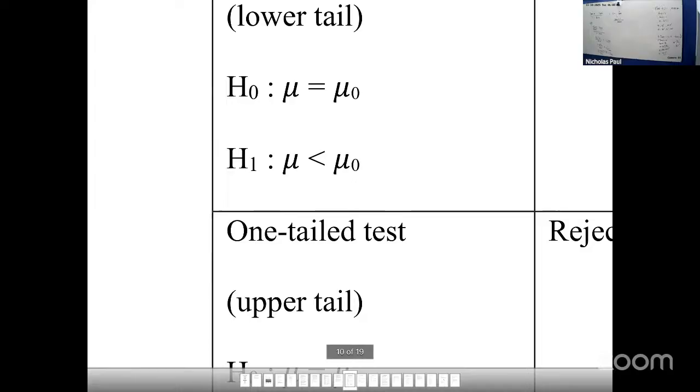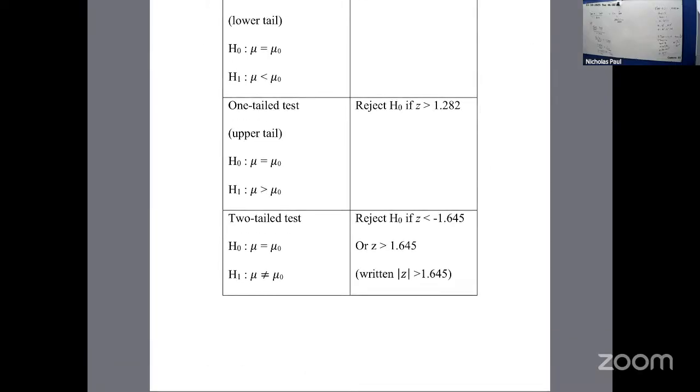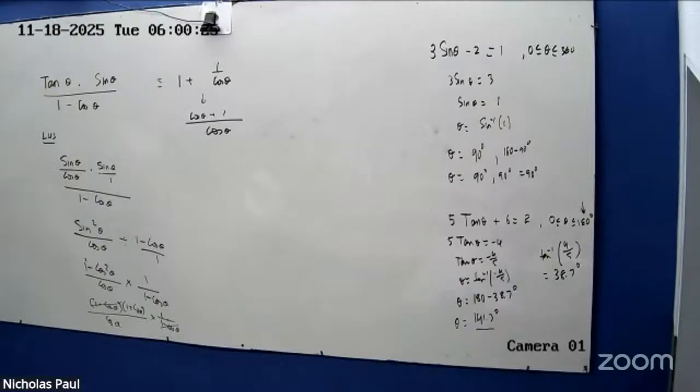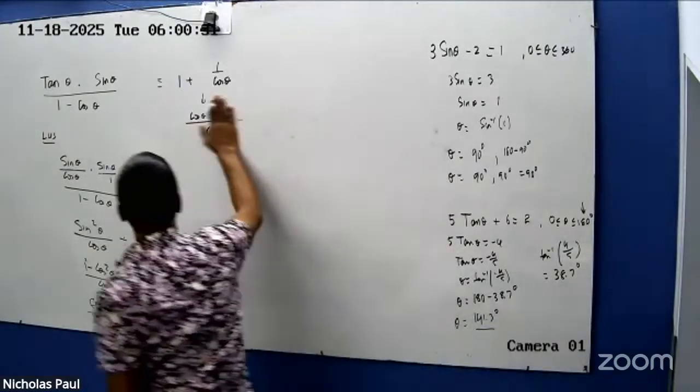But there are other tests you can do, like a variance test. For now, this is all we're going to do. Before we do anything, remember, we are trying to estimate everything.